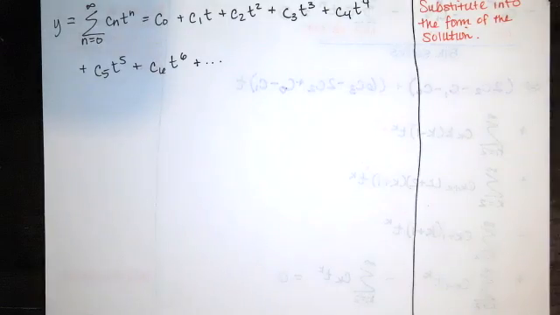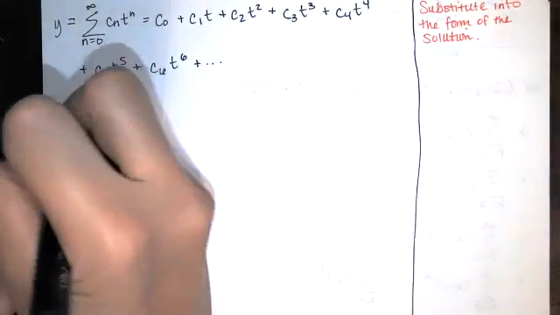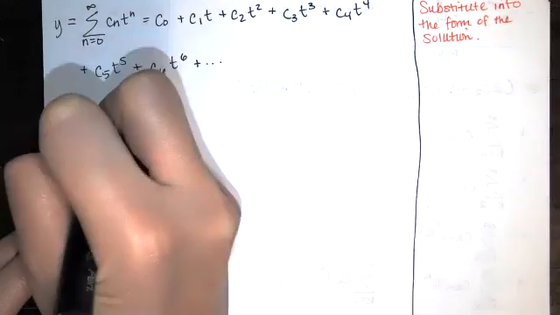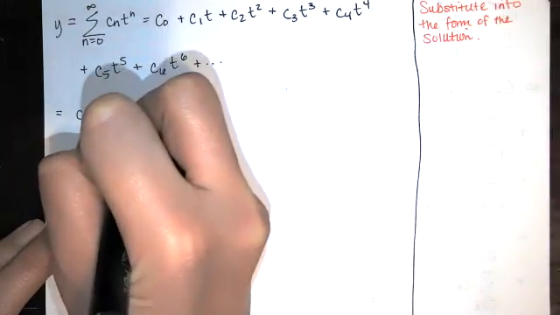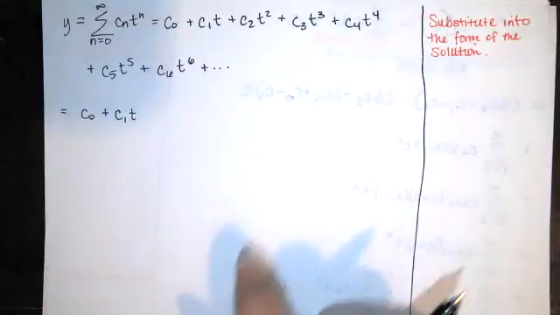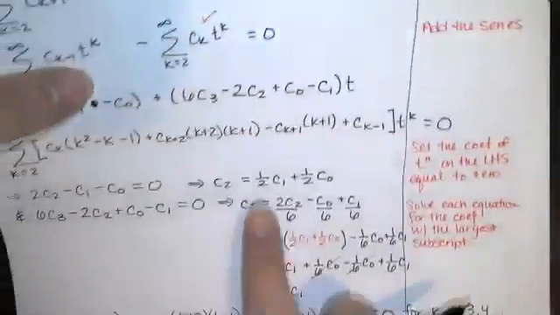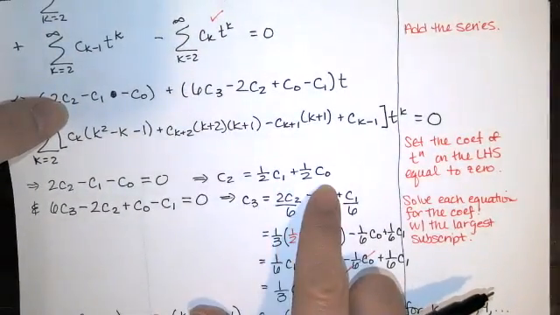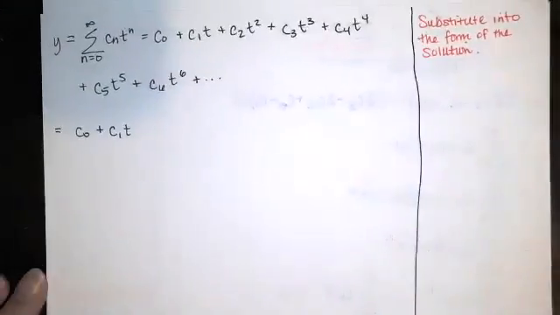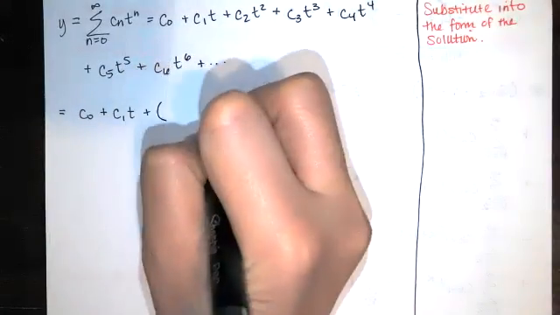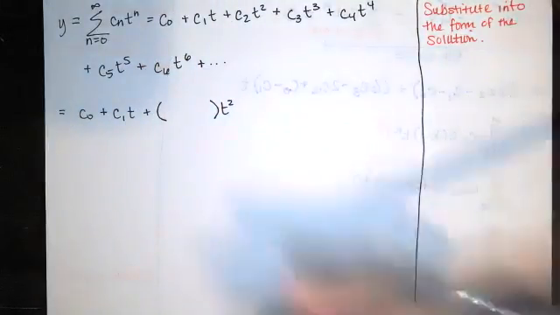Okay, so now we just want to substitute everywhere that we can for these coefficients. C sub 0 and C sub 1 we're going to leave alone. But C sub 2 from earlier was, let's see, it was 1/2 C sub 1 plus 1/2 C sub 0. So we're going to substitute that in for C sub 2.